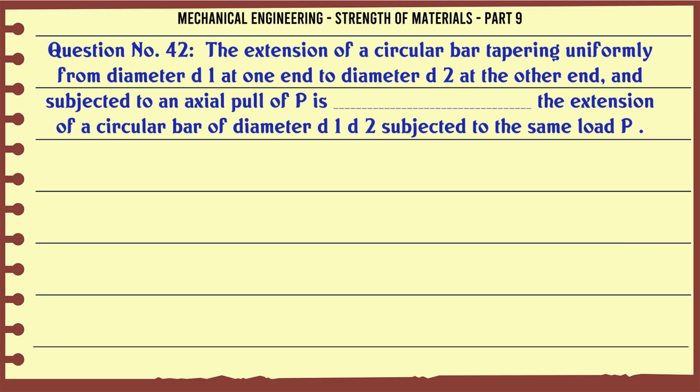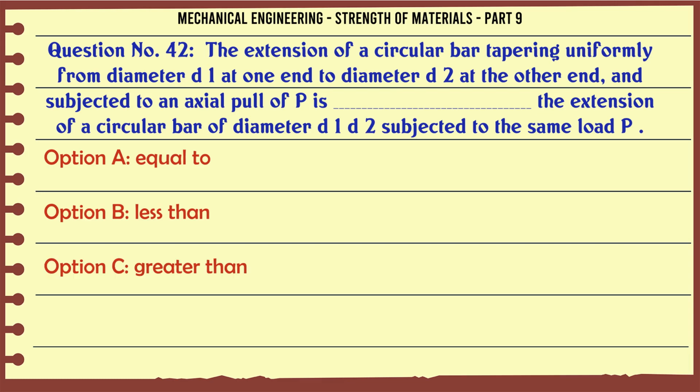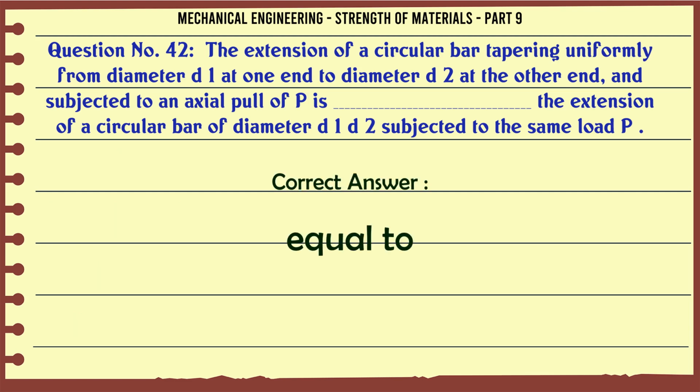The extension of a circular bar tapering uniformly from diameter D1 at one end to diameter D2 at the other end and subjected to an axial pull of P is the extension of a circular bar of diameter (D1+D2)/2 subjected to the same load P. A, equal to, B, less than, C, greater than. The correct answer is equal to.